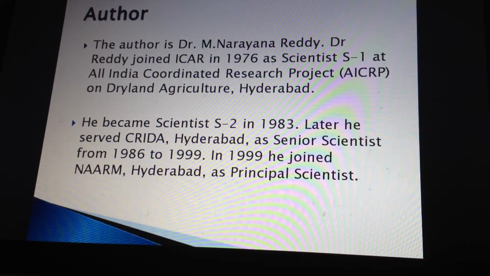He became Scientist 2 in 1983. Later, he served at CRIDA, Hyderabad, as Senior Scientist from 1986 to 1999. In 1999, he joined NAARM, Hyderabad, as Principal Scientist.